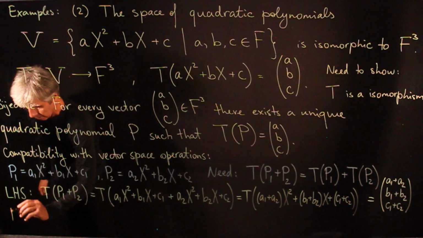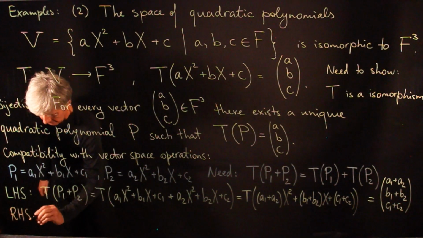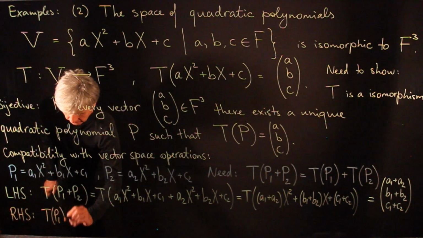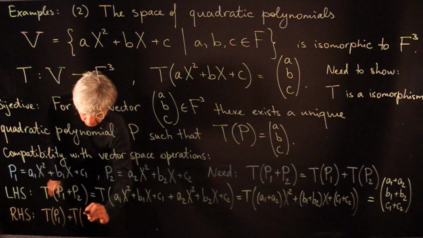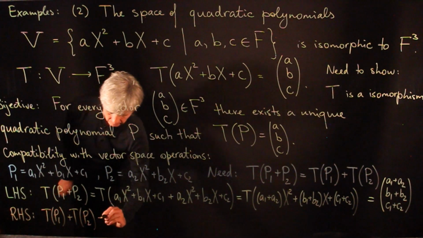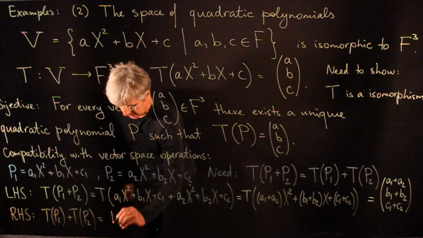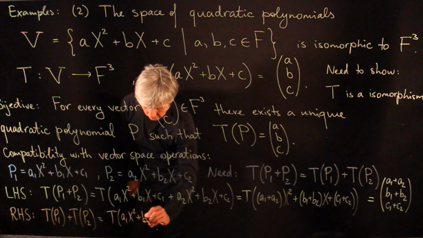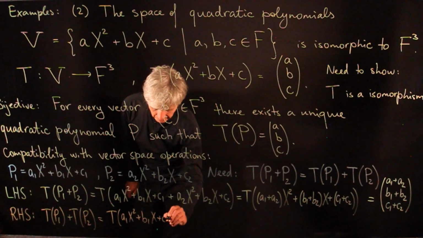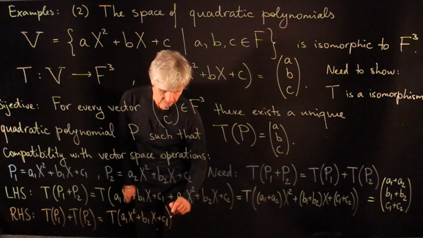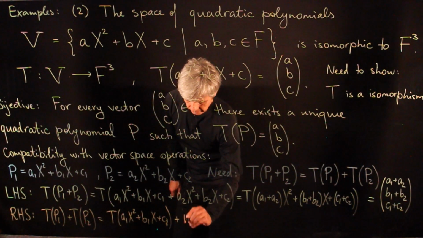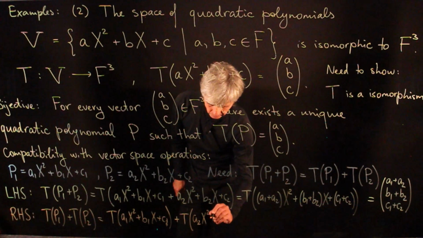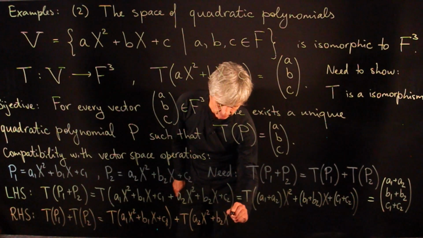Now let us look at the right-hand side. In the right-hand side we have T of P1 plus T of P2. So that is T of the polynomial a1x squared plus b1x plus c1 plus T of the second polynomial a2x squared plus b2x plus c2.